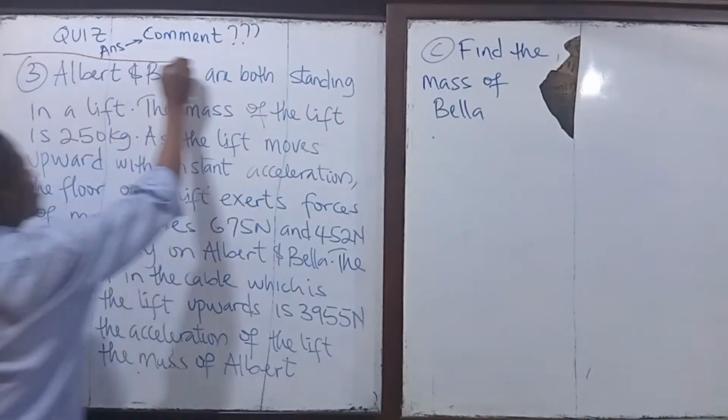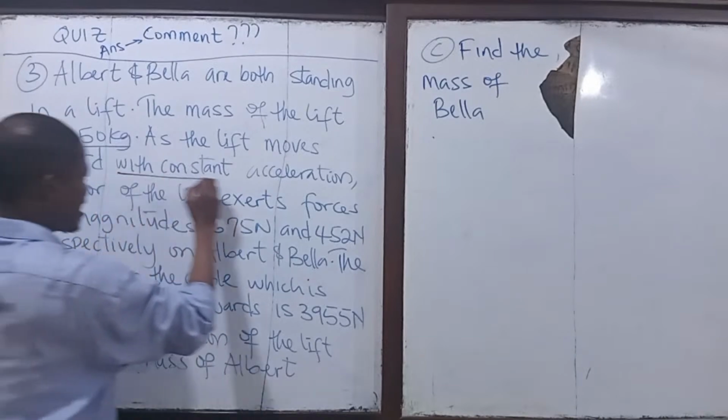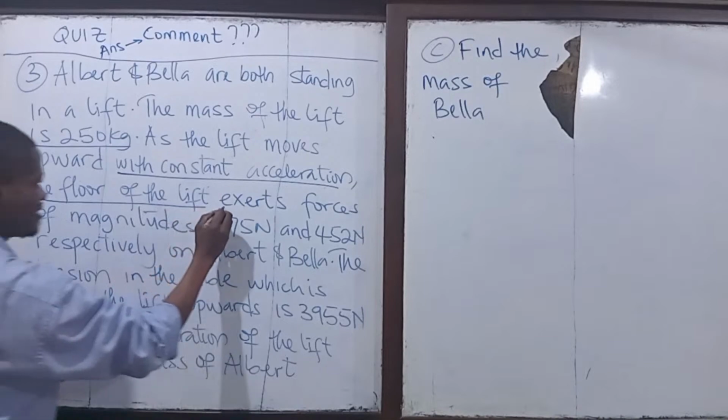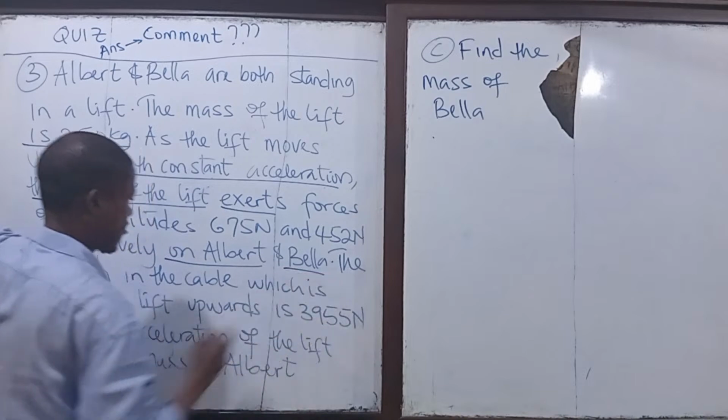Okay. For the quiz, we have Albert and Bella. Albert and Bella are both standing in the lift. The mass of the lift is 250 kg. As the lift moves upwards with constant acceleration, the floor of the lift exerts forces of magnitude 675 Newton and 452 Newton, respectively, on Albert and Bella.